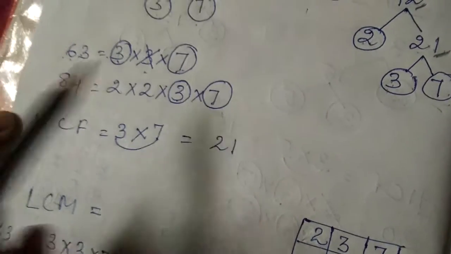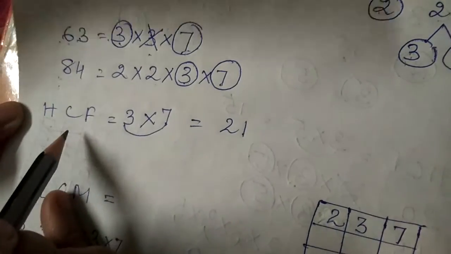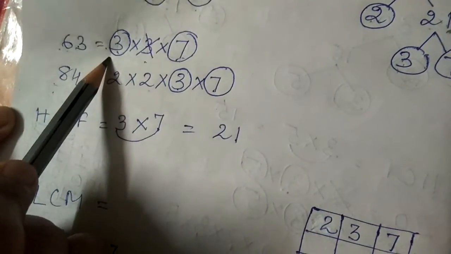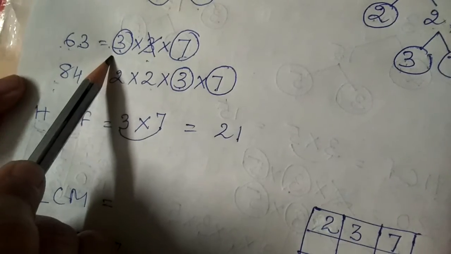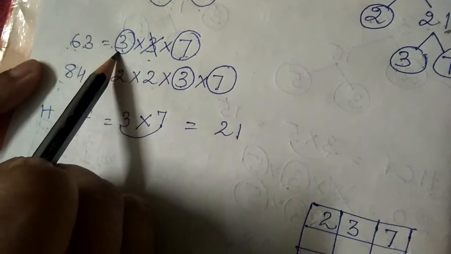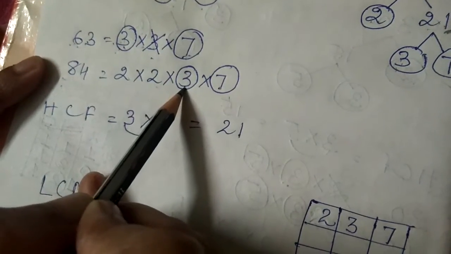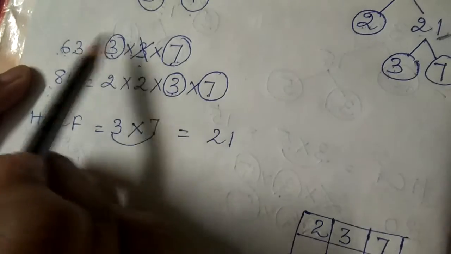Now how to find HCF? As I told you in the previous example, we have to find the common factors. Okay, so here this 3 is coming in 63 as well as in 84, so we are circling this.